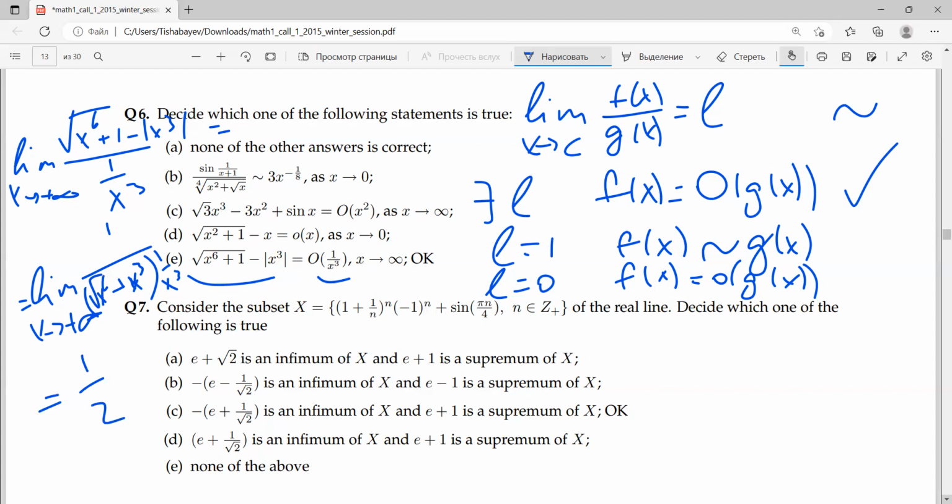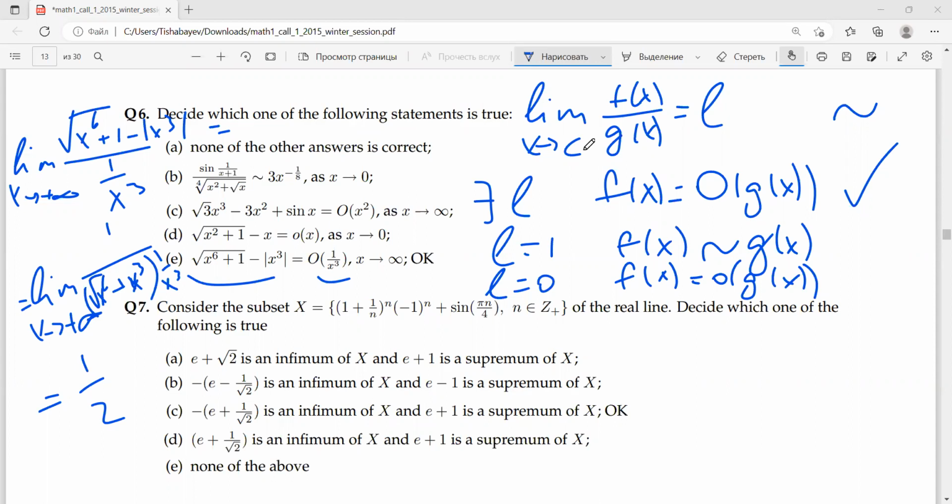Here, we just know the correct answer, that's why we can just check the correct one only. Any questions here? No. Okay. If no, let's move to the next.